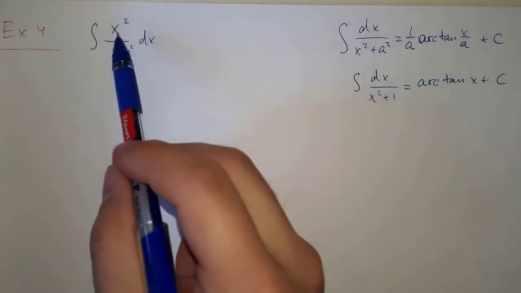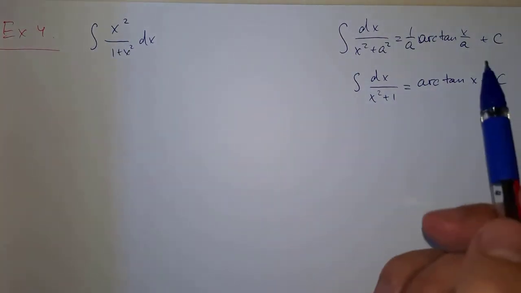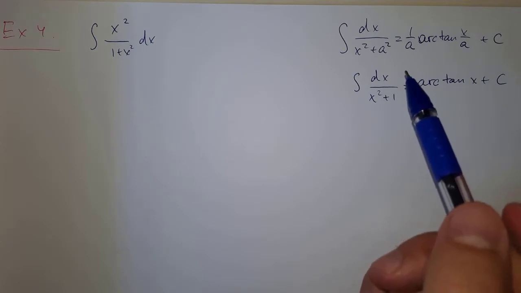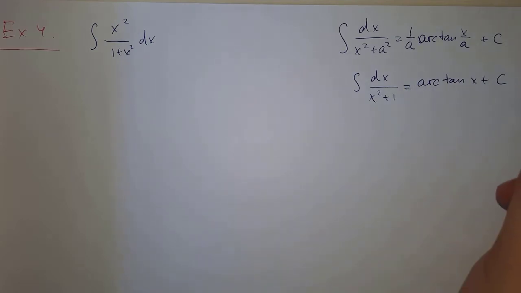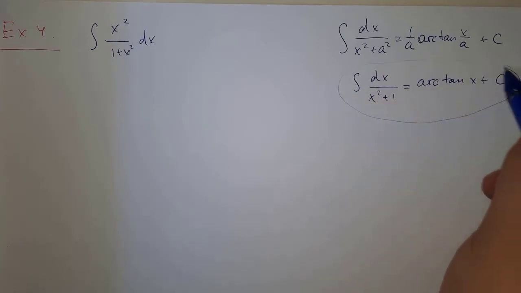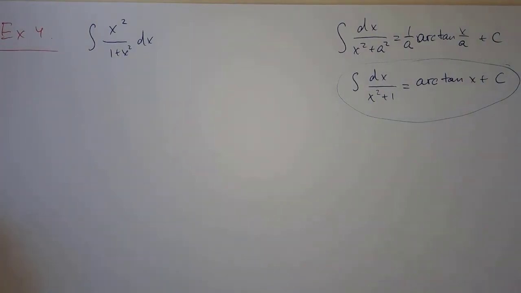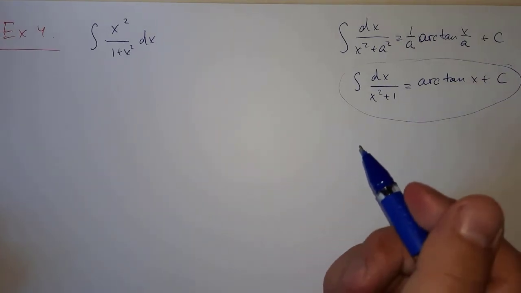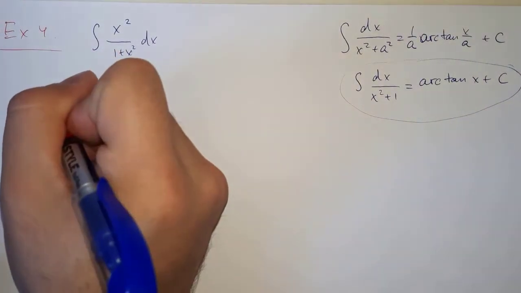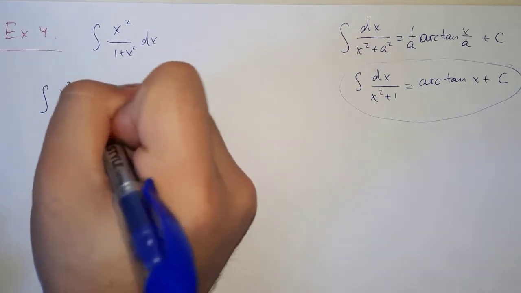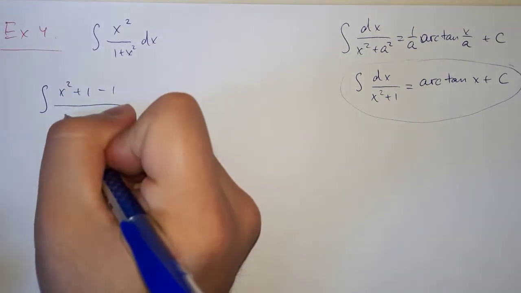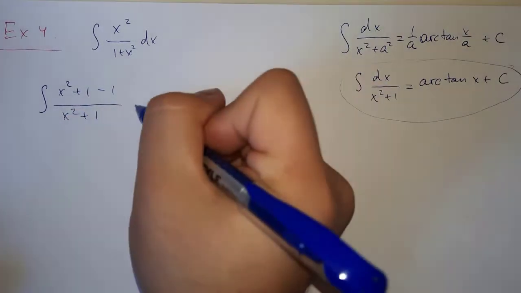So look here, the denominator is the same, but in the numerator we have x squared, so we need to use this formula, and we will need to reduce to this formula. And how? So now we have here x squared, and if we add and subtract 1 in the numerator, x squared plus 1 minus 1 over x squared plus 1, let's write it, dx.